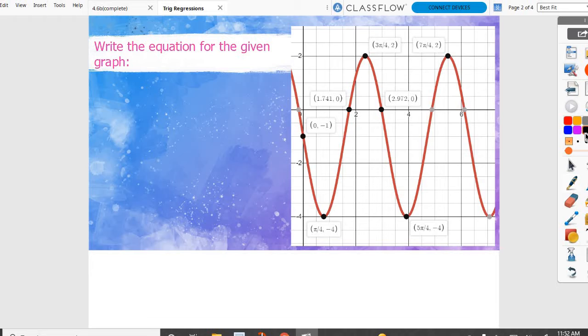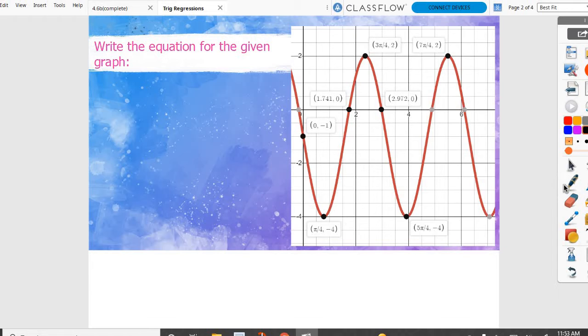Amplitude. So that's our A value, right? Which one tells us how stretched or squashed we are? The period, which is our B value. Which one tells us if we've moved left or right? Your C value, which was your horizontal or phase shift. And which one tells us if we've moved up or down? Your D value, which was your vertical shift.